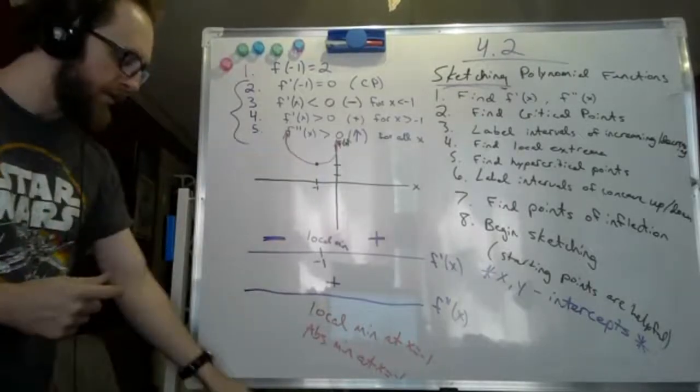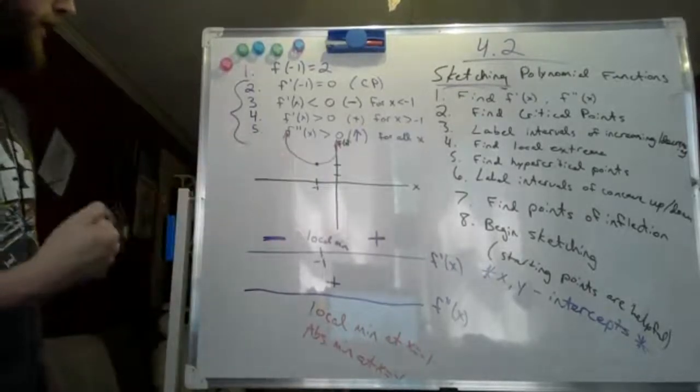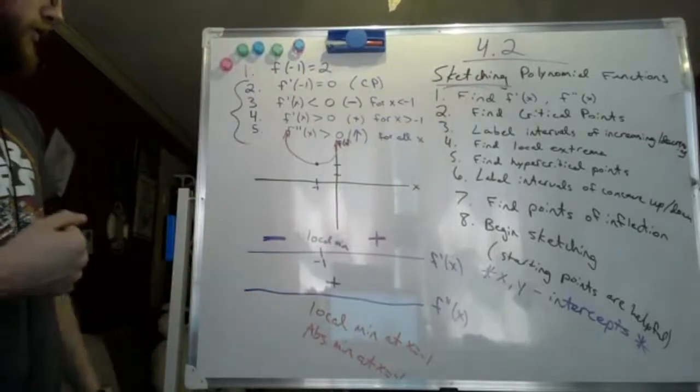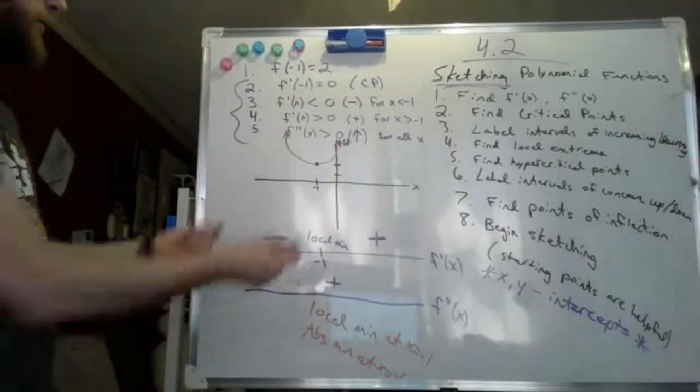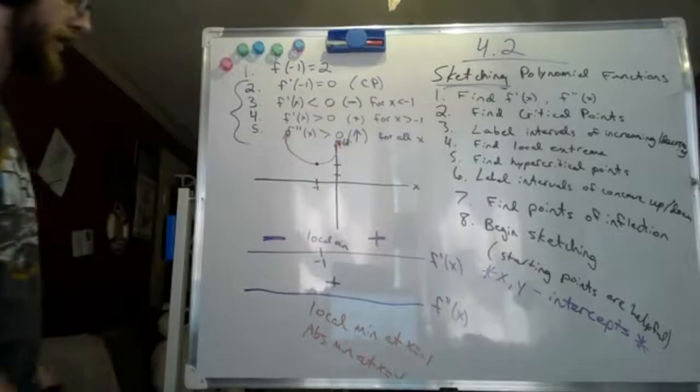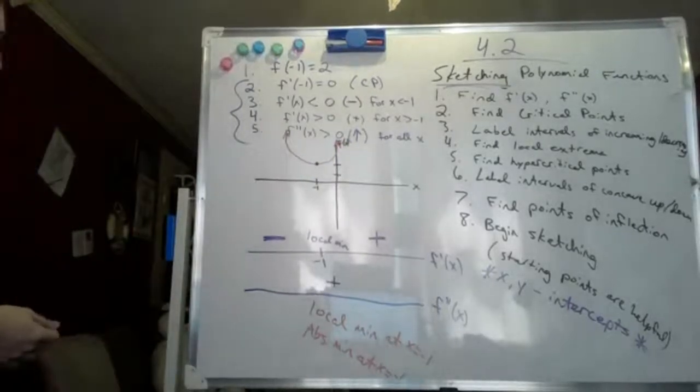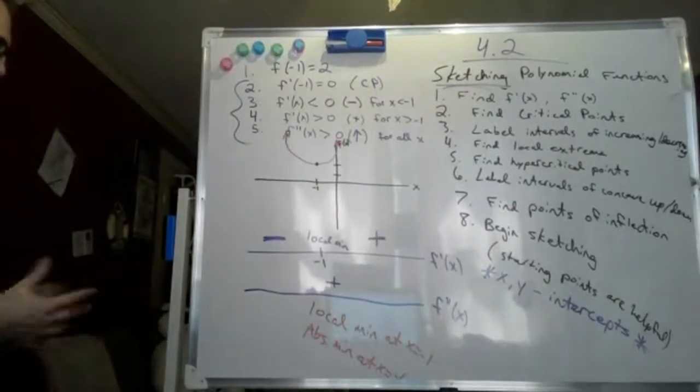So there we go. This problem is now done. We have our graph. We have local min. We have an absolute min. There's no maximum here because it increases infinitely on both sides. But that's fine. No big deal. And now we're done.